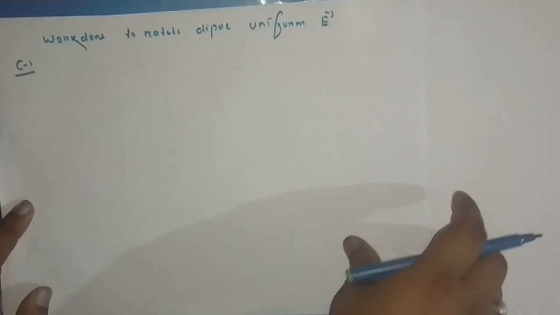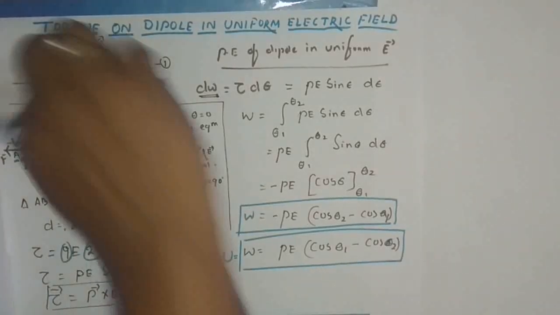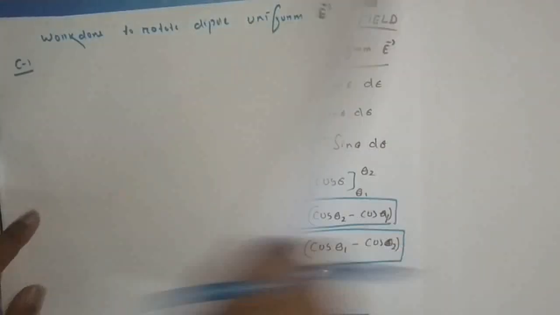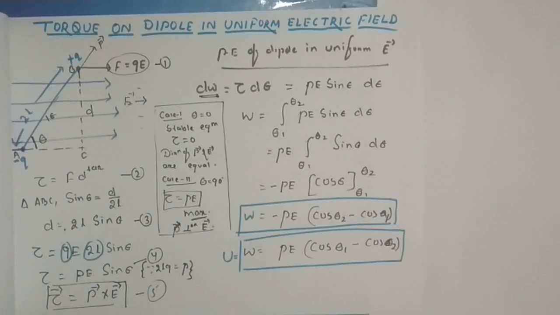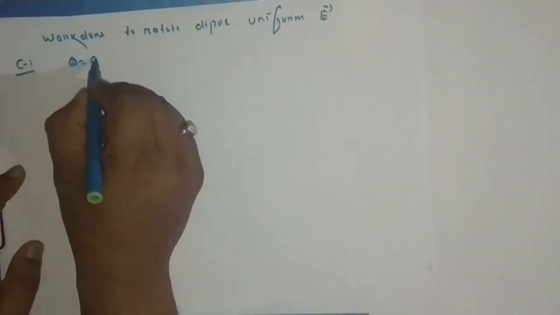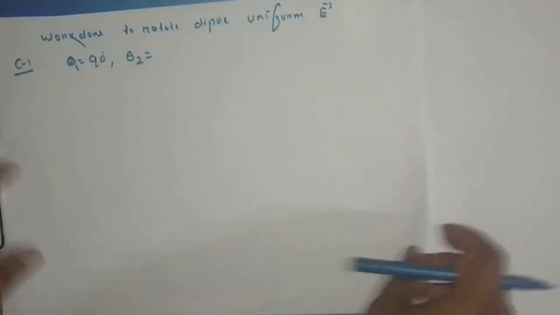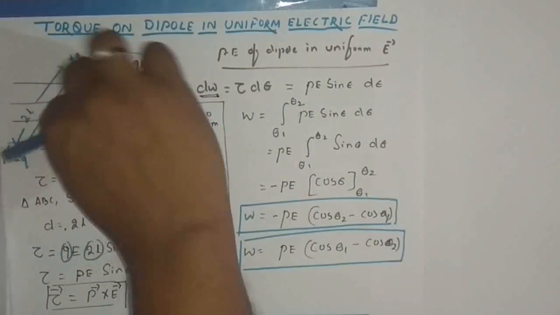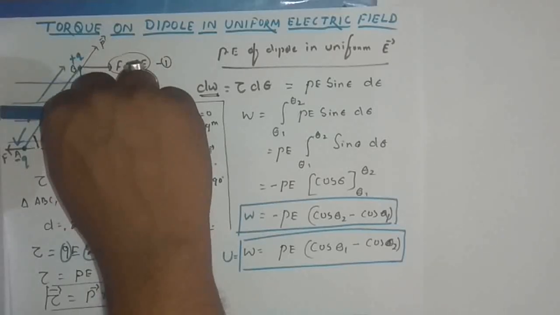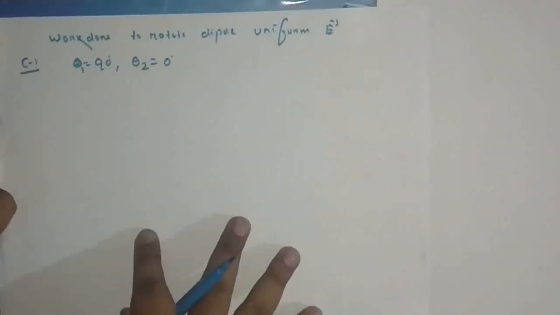Suppose I want to rotate from 90 to 0. That means initially theta equal to 90, so theta 1 equal to 90. And the dipole moment along the direction of the electric field means theta 2 equal to 0 degree.